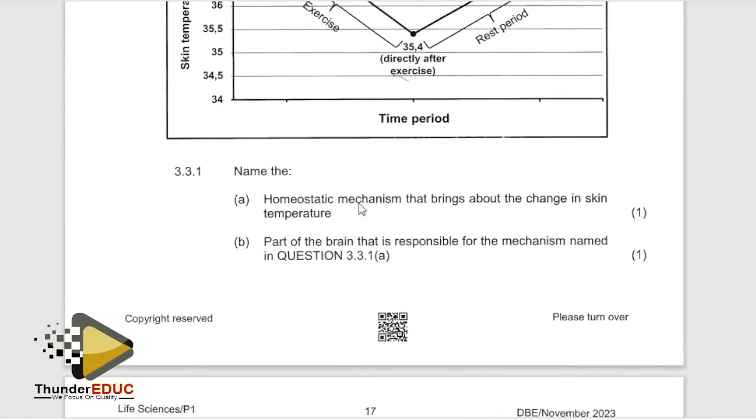The homeostatic mechanism that brings about the change in the temperature, how do you call that? We call it thermoregulation.